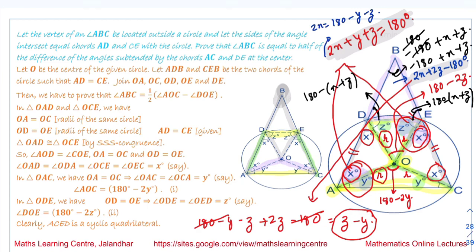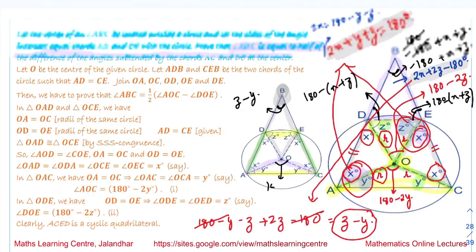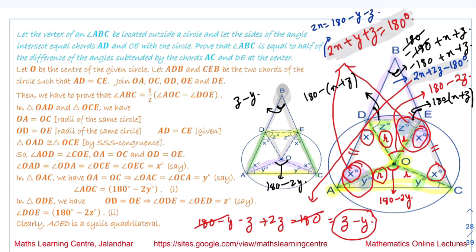So finally, this angle at B over here is z minus y. And if we find the difference of the angles subtended by the chords AC and DE at the center, the angles we have are 180 minus 2y and 180 minus 2z.